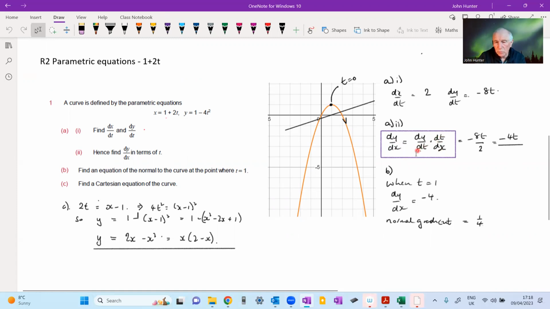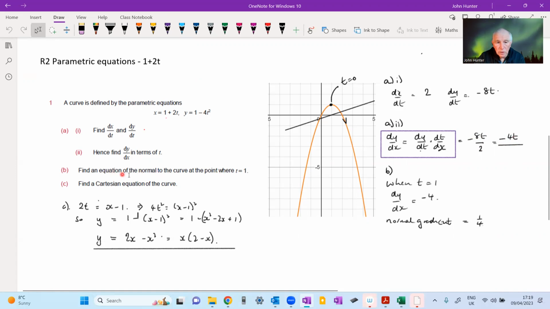So that's how this works. dy/dt is this minus 8t, and that's dx/dt, but obviously we're taking the reciprocal of it, so multiplying by 1 over 2, and so dy/dx in terms of t is minus 4t.